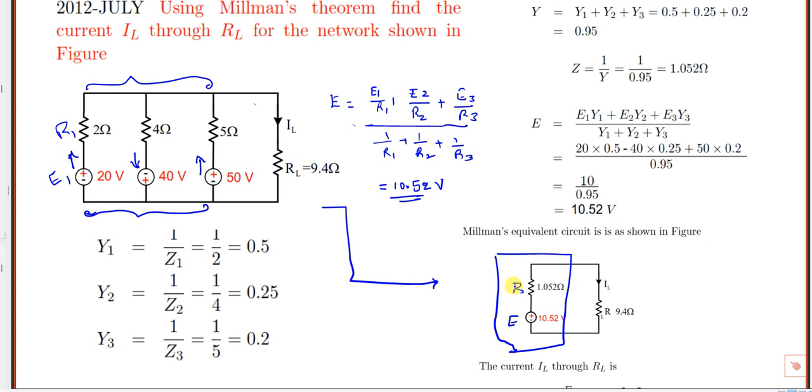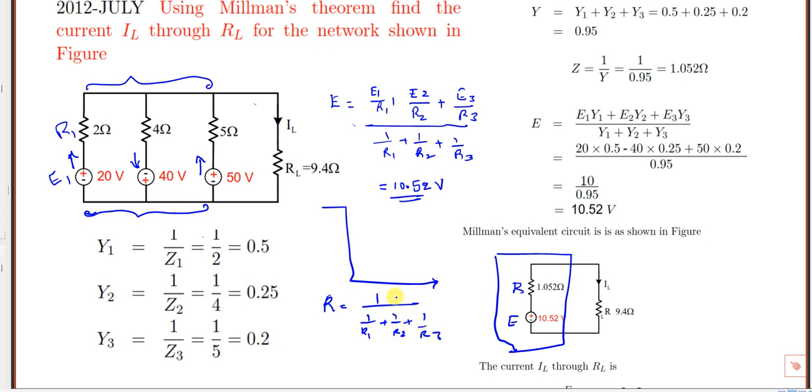And the value of R is 1 by this portion, only the denominator portion, 1 by R1 plus 1 by R2 plus 1 by R3, the reciprocal of that. So that you can calculate using the formula. The value of R is 1 over 1 by R1 plus 1 by R2 plus 1 by R3.